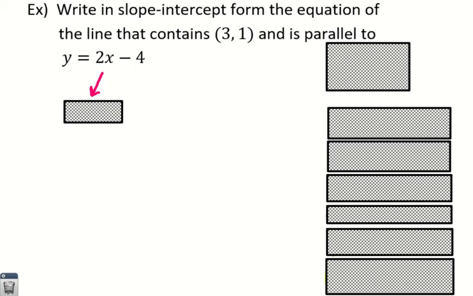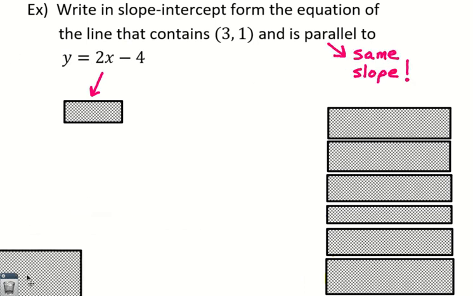Or are they? And you know what parallel means. Same slope, okay?